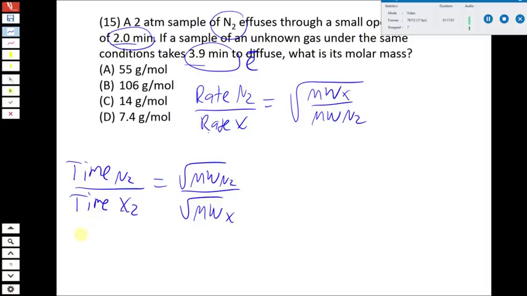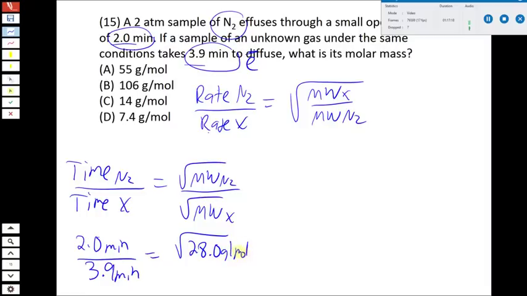So the time that it takes for nitrogen is 2.0 minutes. The time that it takes the unknown gas to effuse is 3.9 minutes. And that's equal to the square root of the molar mass of nitrogen, which is 28 grams per mole, divided by our unknown molar mass, which is what we're going to be solving for.